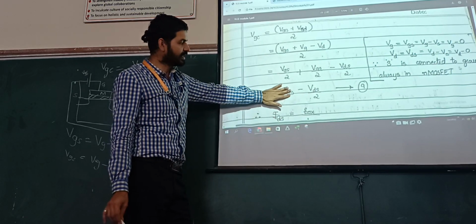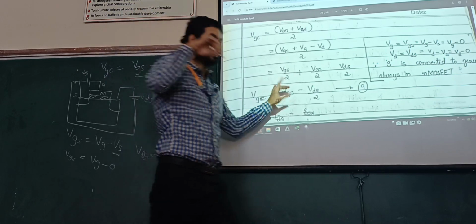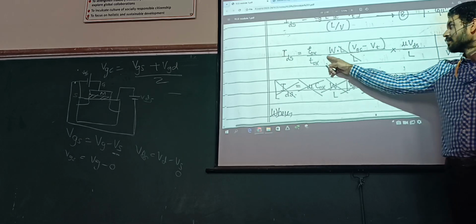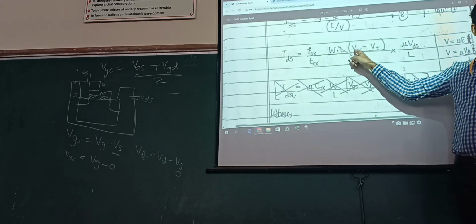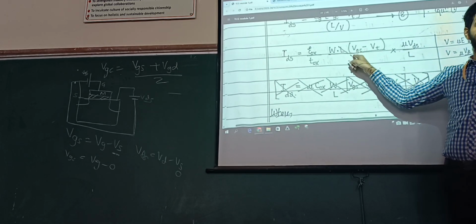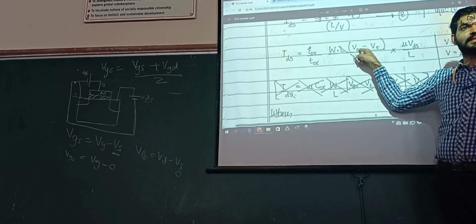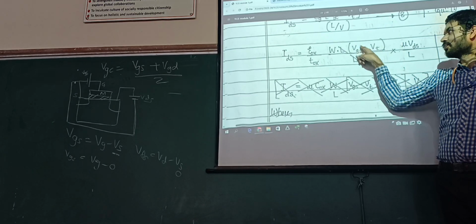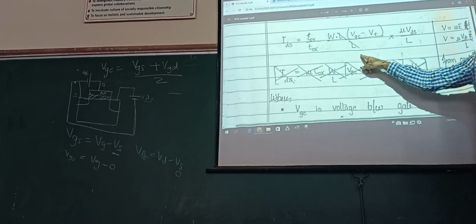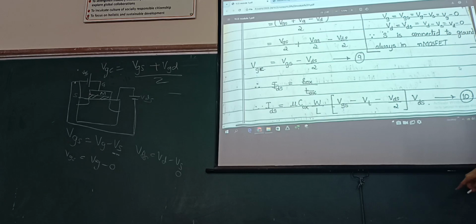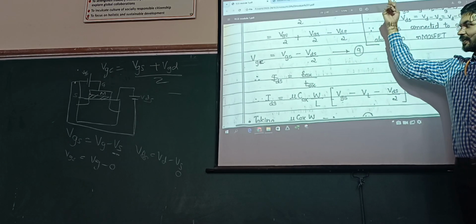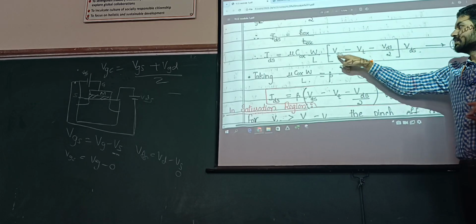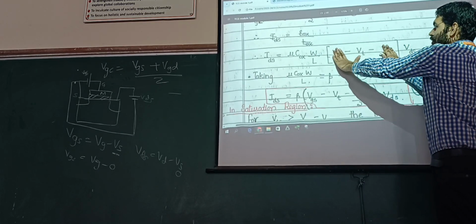Now we have to substitute this. Where did we stop? Here, in this equation I have to substitute VGC. VGC equals VGS minus VDS by 2. What was there in the equation?